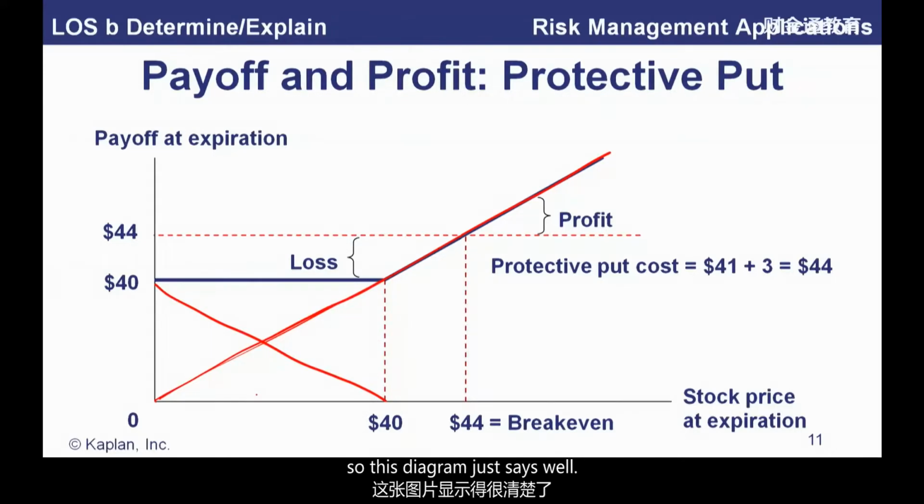So this diagram just says, well, if the stock price at expiration is 38, the put payoff is 2, and we get 40. Another way to look at this, if the stock price at expiration is 5, then the stock's worth 5, but the put payoff is 35, and we end up getting 40.